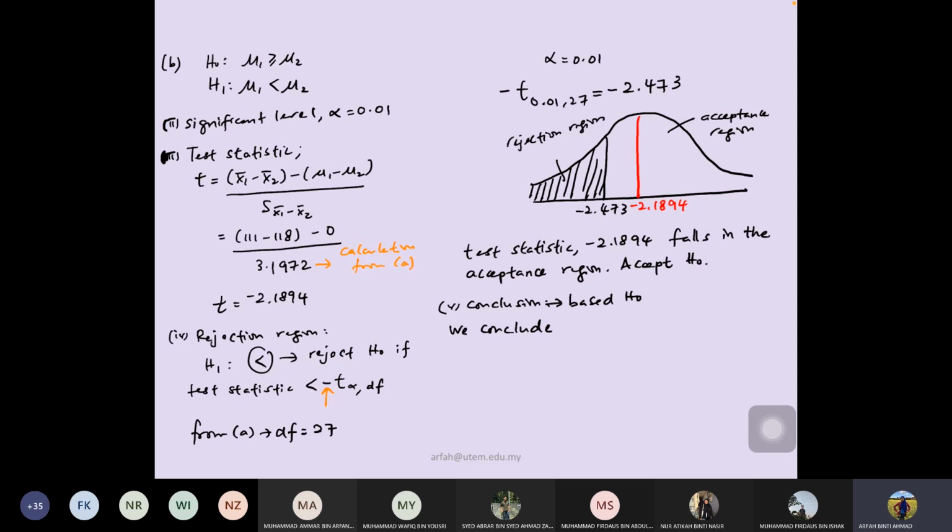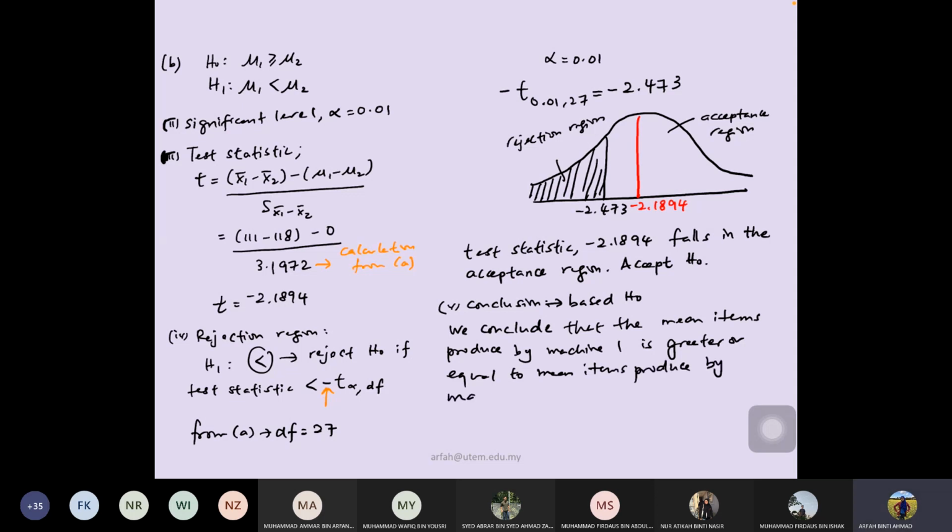Sebab kita accept H null, we conclude that the mean items produced by machine 1 is greater or equal to mean items produced by machine 2.